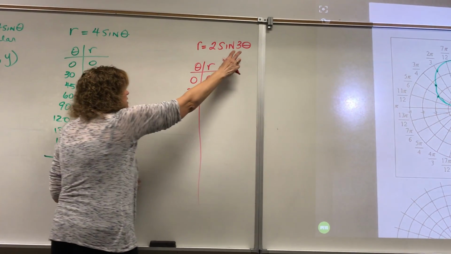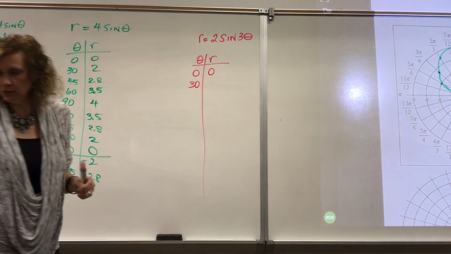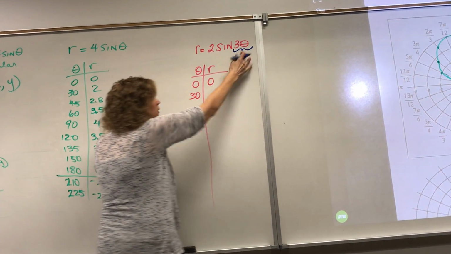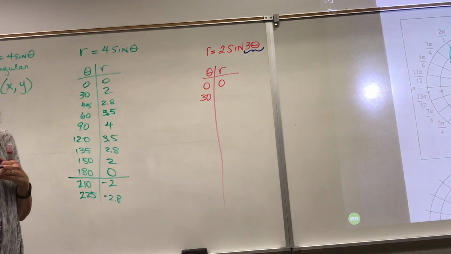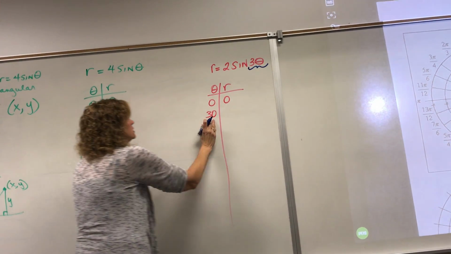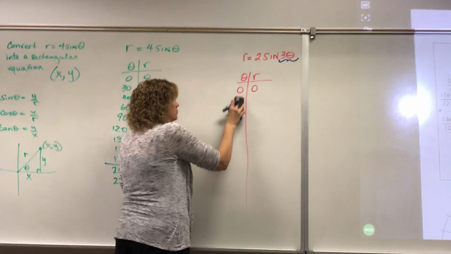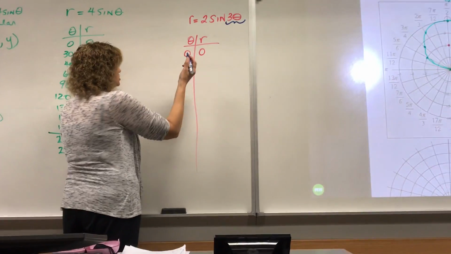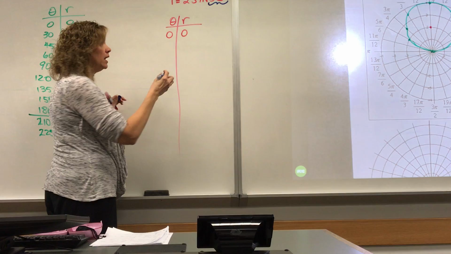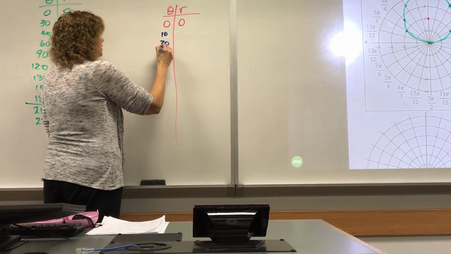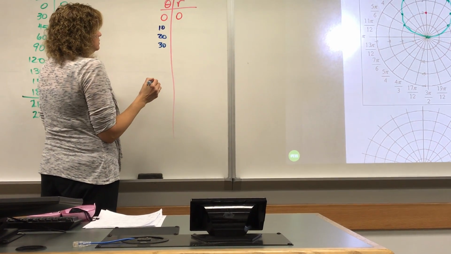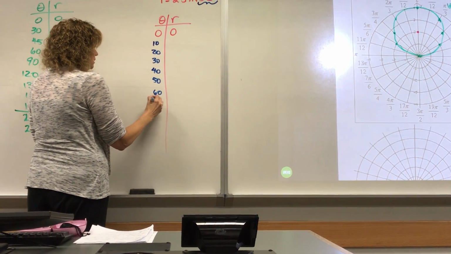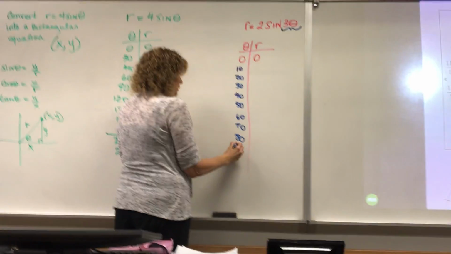So with respect to graphs where you have a multiple of theta angle, we are going to want to subdivide our angle measures a lot more. Let's just go by tens. We're going to have to estimate. So 10, 20, 30, 40, 50, 60, 70, 80, 90.